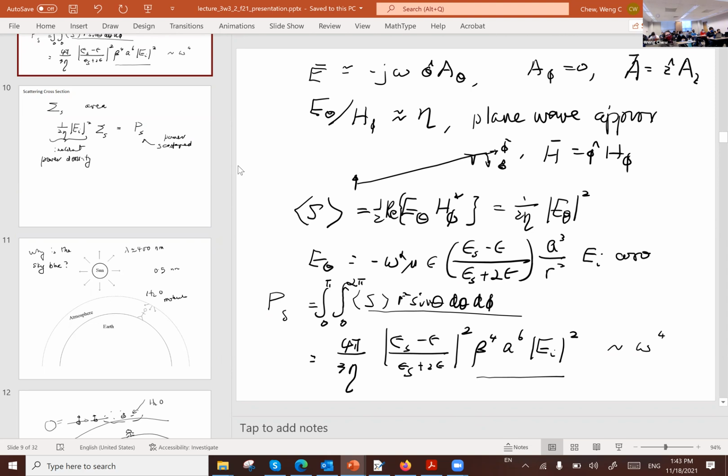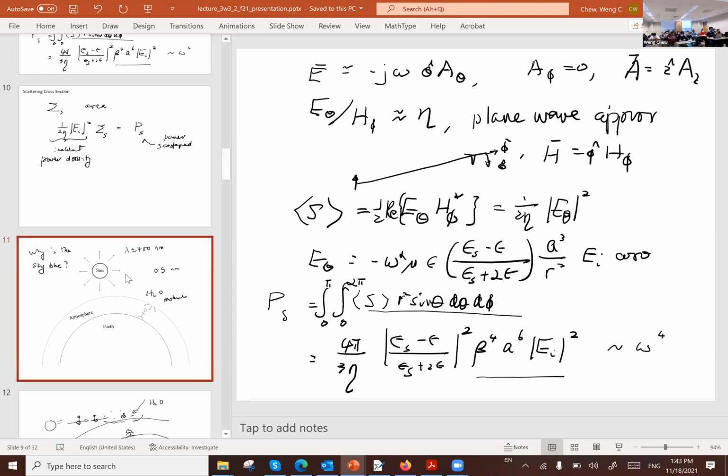So what this says is that the scattered power is proportional to the fourth power of frequency, which means that the higher the frequency, the more the scattering. And this has a very significant effect because it explains why the sky is blue and why the sunset is red.